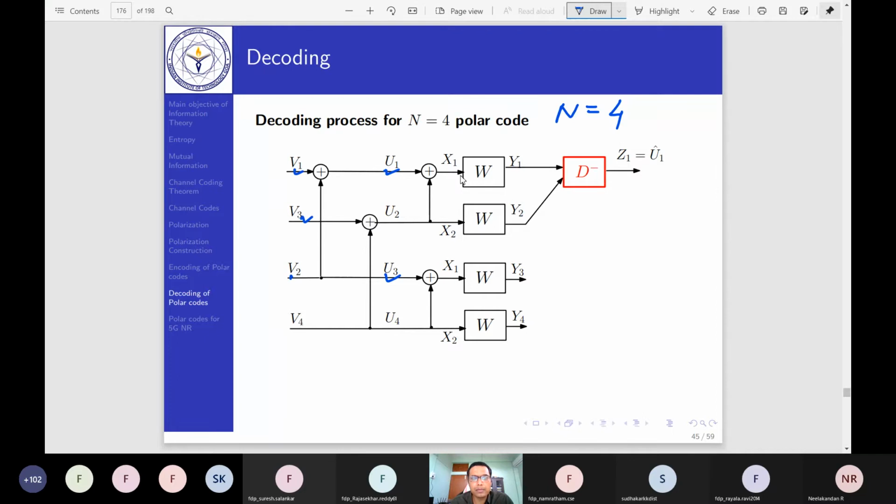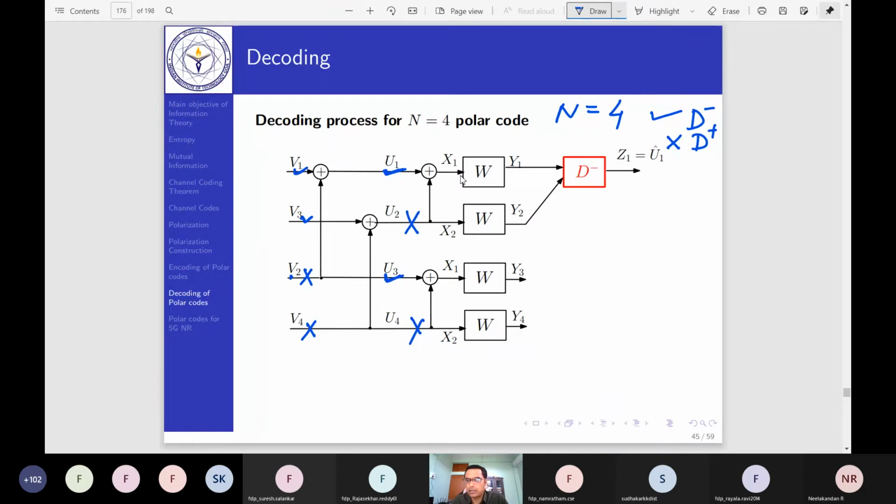If you look at this, these are the upper bits of the modular summation, and these are the lower bits of the modular summation. For the upper bits we are going to use decoder D minus, and for the lower bits we are going to use decoder D plus. That's it.